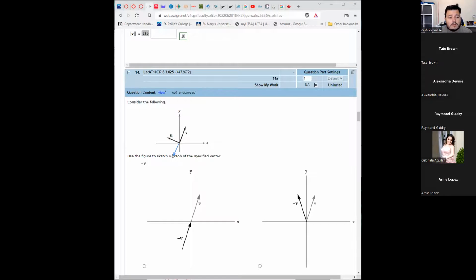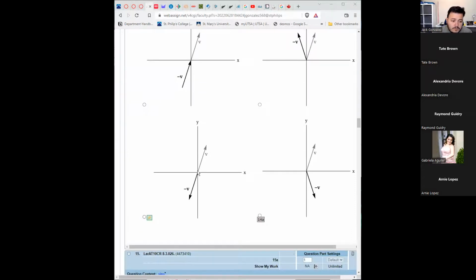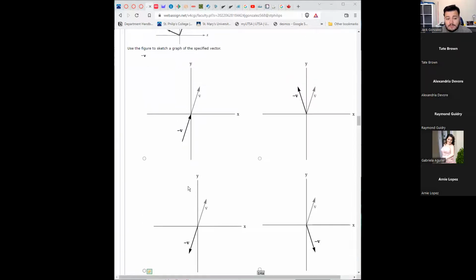Negative V is just going the opposite direction. Negative U would be this way. Okay. So if they ask you what the answer is visually, you would just say, here's the original, here's negative V. Okay. Nothing crazy, right?